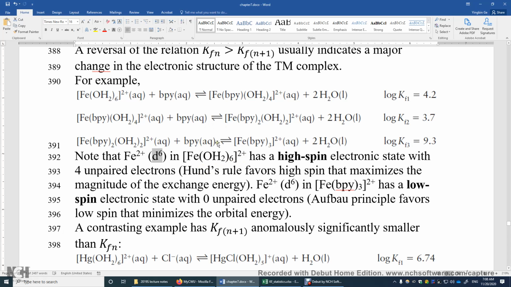All right. Because of the dramatic change in the electronic structure of the transition metal complex, in this situation we have a much larger formation constant. So this is more energetically favored.